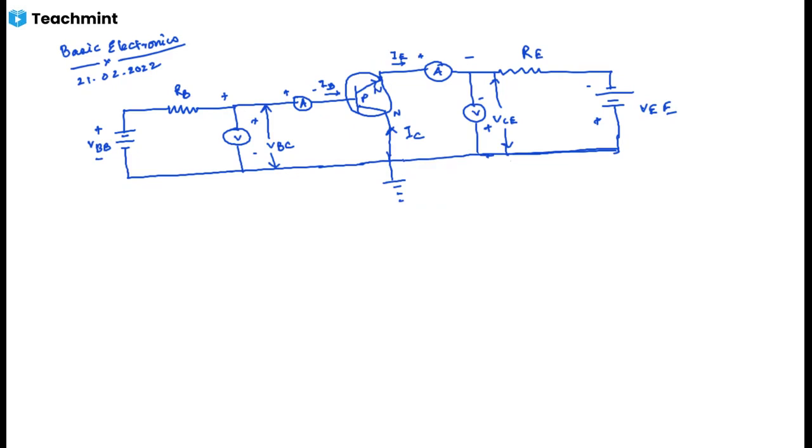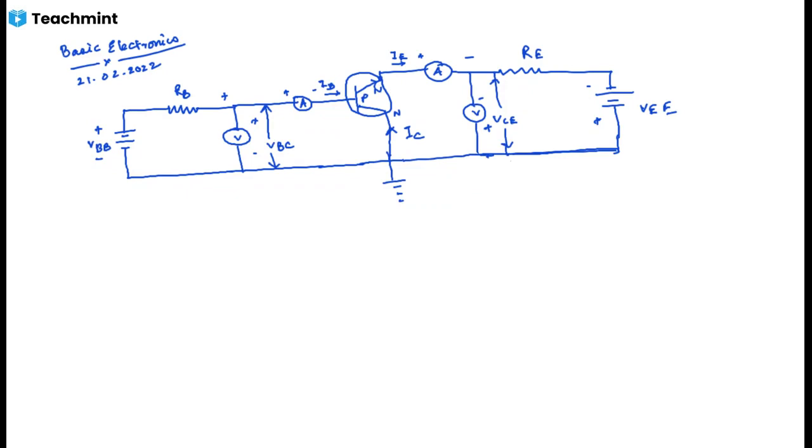Sometimes common collector configuration is also referred to as emitter follower, voltage follower, common collector amplifier, CC amplifier, or CC configuration. This configuration is mostly used as a voltage buffer. The input supply voltage between the base and the collector is denoted by VBC, while the output voltage between emitter and collector is denoted by VEC.